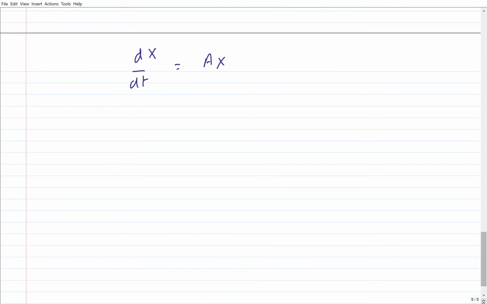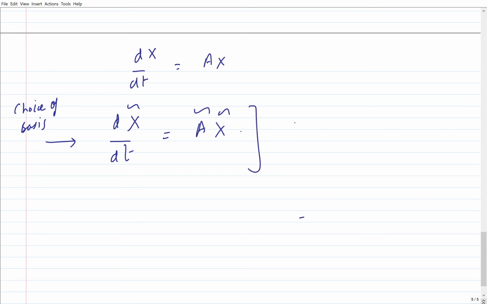We already saw that when A is a diagonal matrix, this is really easy. But really we want to transform this, by a choice of basis, into some other coordinates where I have a matrix such that this is diagonal and I'll be able to solve the problem.